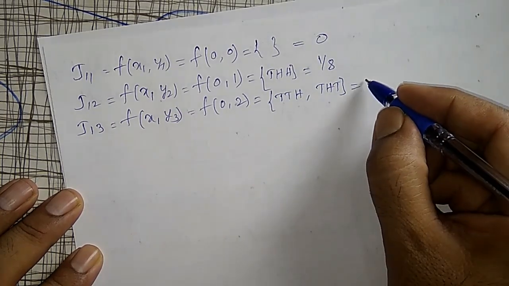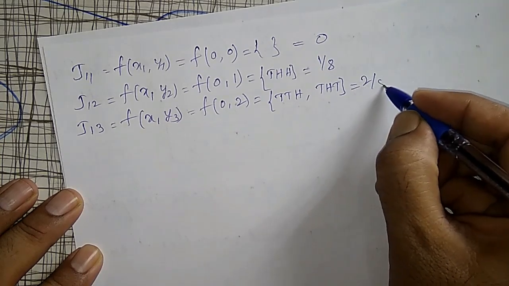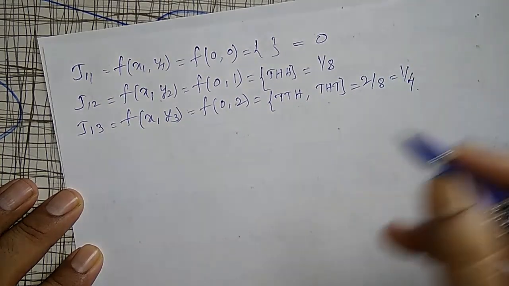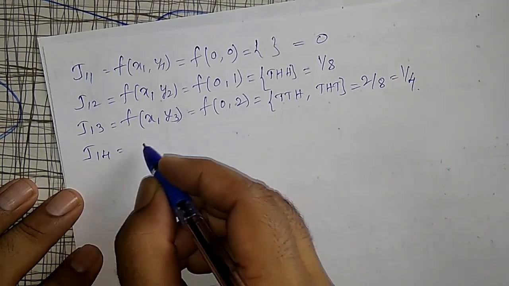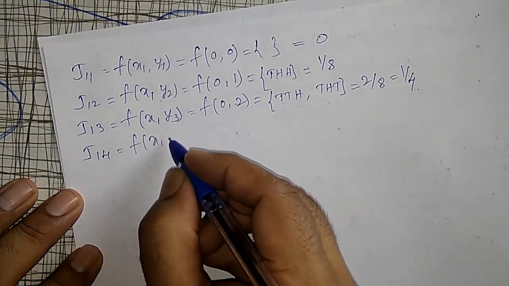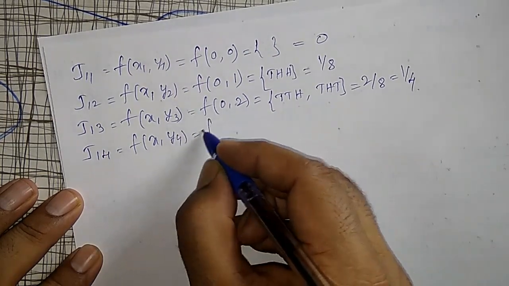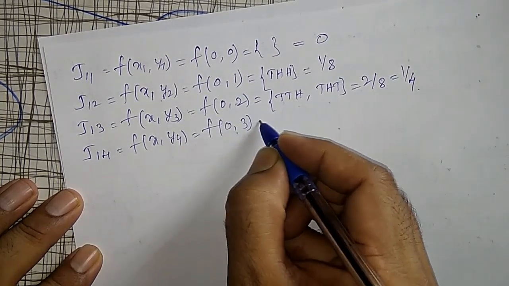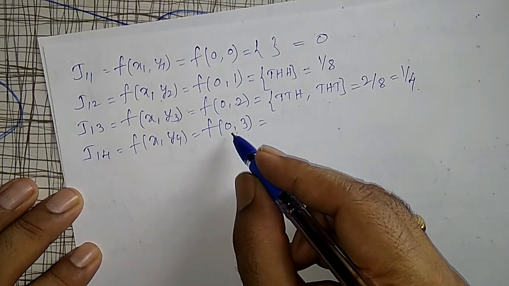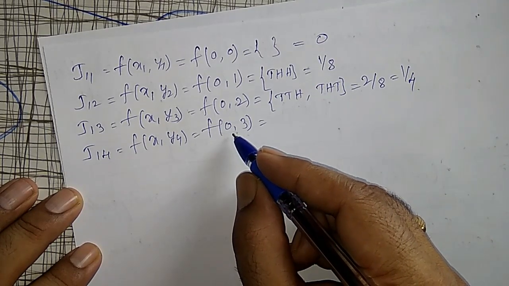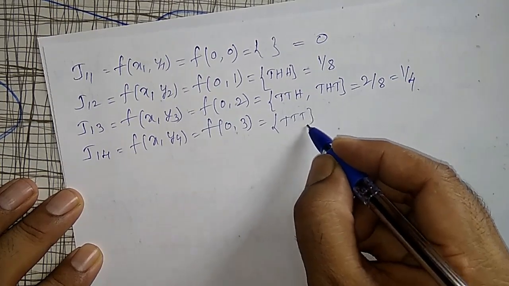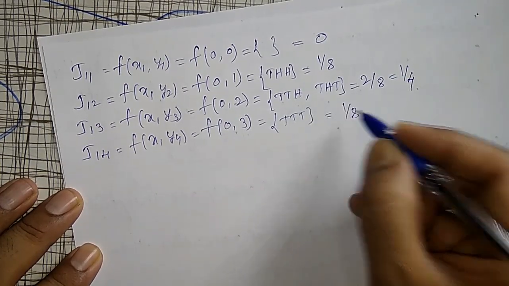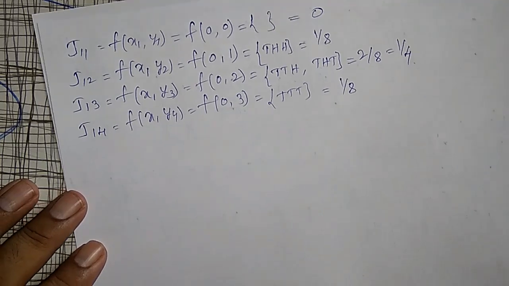Therefore, its probability is 2 by 8, or 1 by 4. Like that, joint probability of 1 4, that is f of x1 y4, f of 0 3. The first toss should be tail and all 3 should be tails. This is the only one possible. Therefore, it is 1 by 8 out of a total of 8.